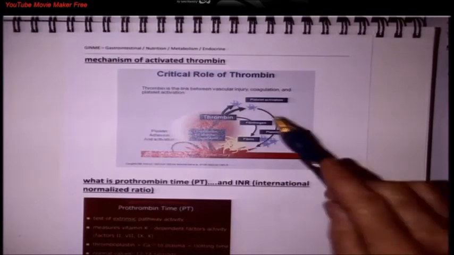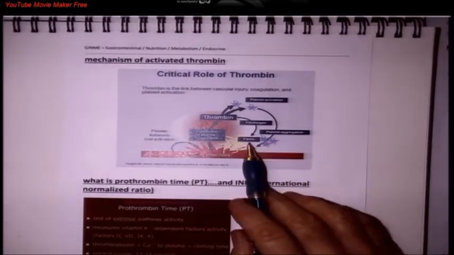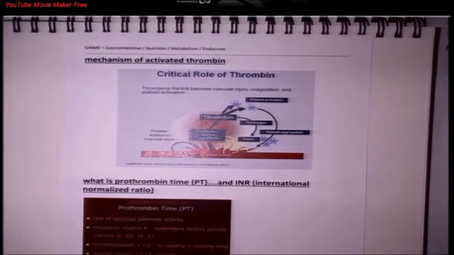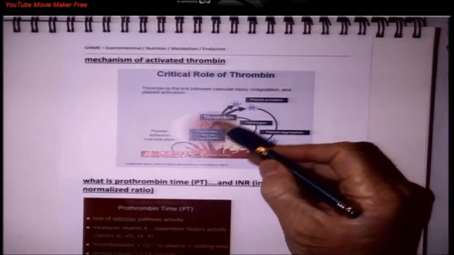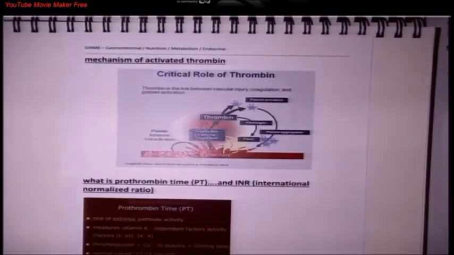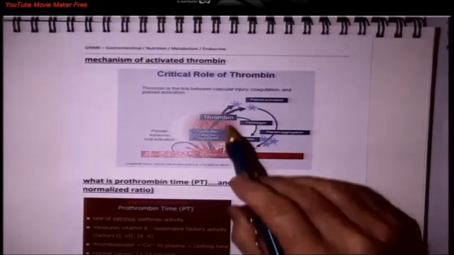The activated platelets, platelet activation, means primarily expression of GP2B3A, integrin receptor, which is going to bind fibrin, and you're going to form that nice platelet clot on there. This prothrombin to thrombin conversion would not happen unless this carboxylation reaction occurs. So this is the end-stage protein that's involved, and vitamin K mediates its preparation.